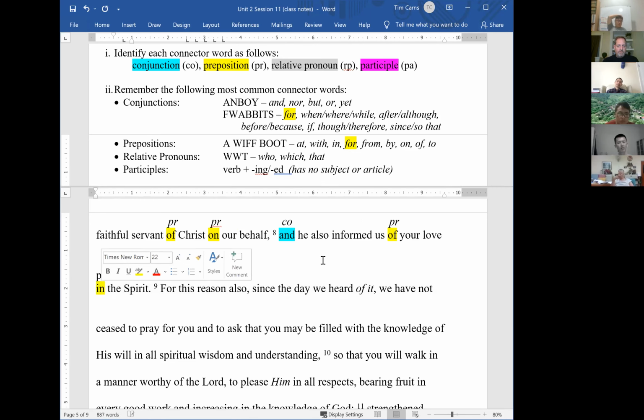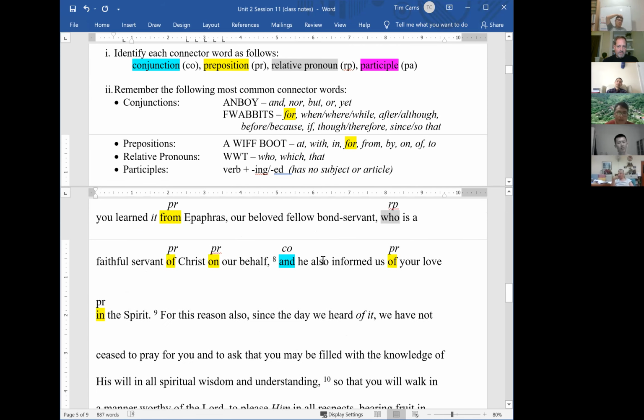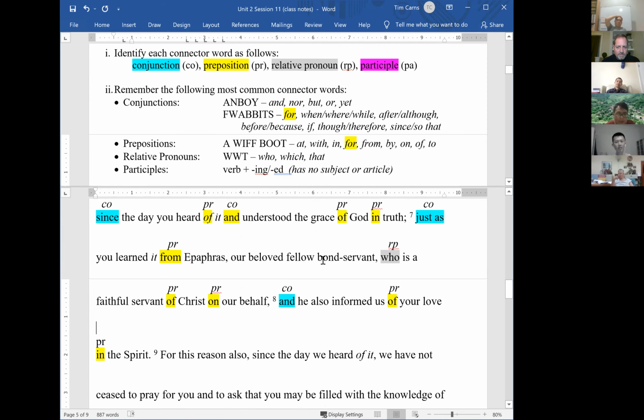Good. Anybody see any others in verses 7 and 8? I think you got them all. Looks like it. Very good.